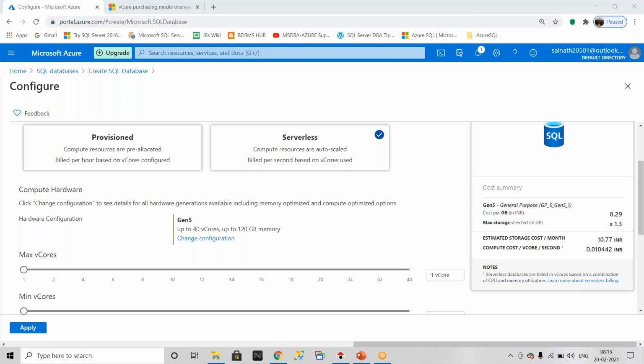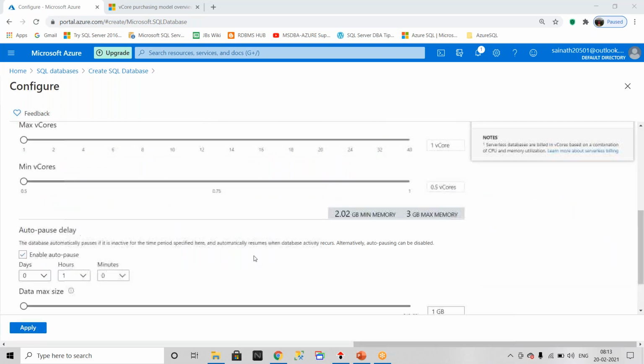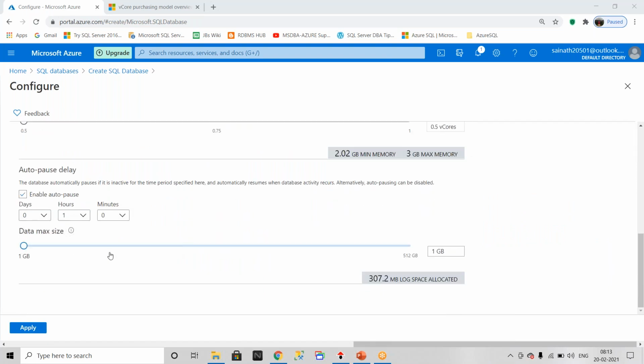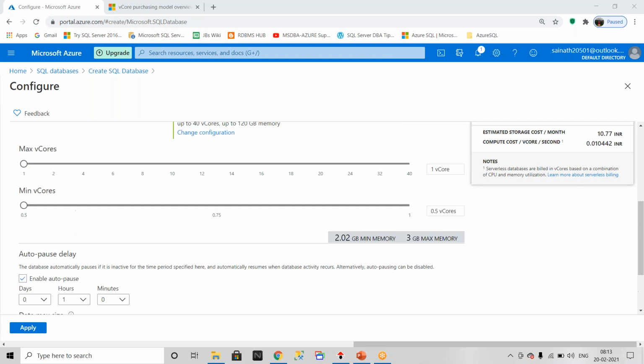Assume you created one database with serverless. For example, you select 8 cores as the minimum.